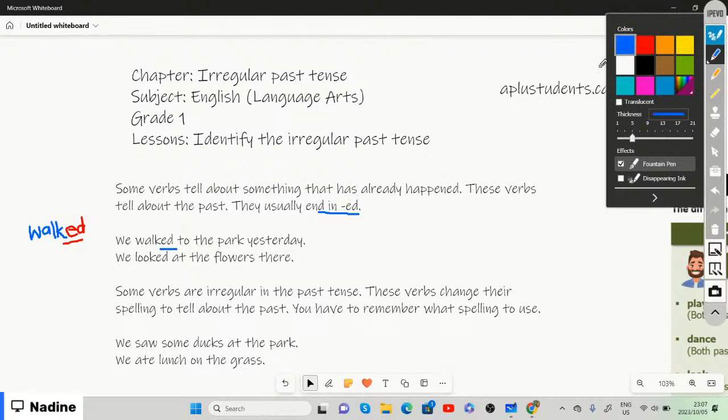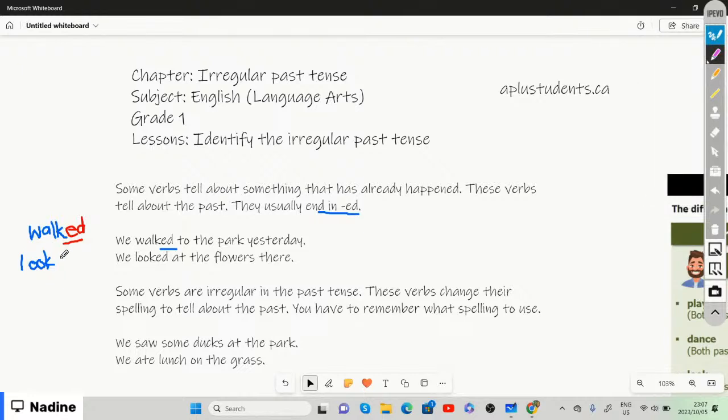Another example is, we looked at the flowers there. Looked. The normal present verb is to look. It's something that we're doing now. But in the past, we looked at the flowers there yesterday.